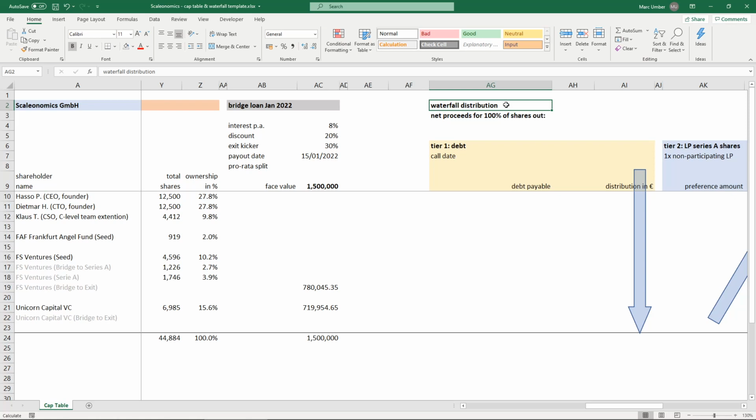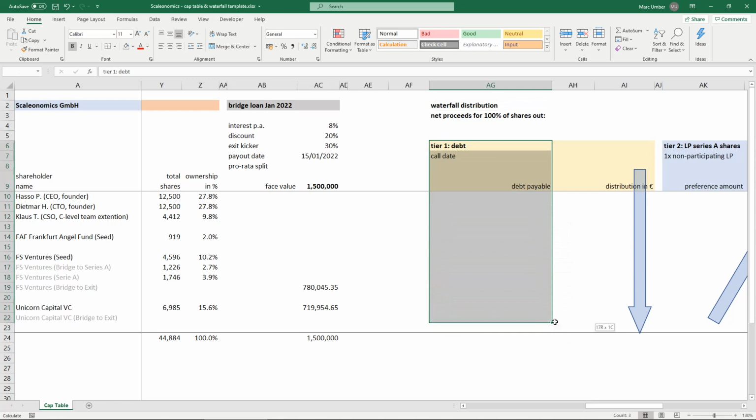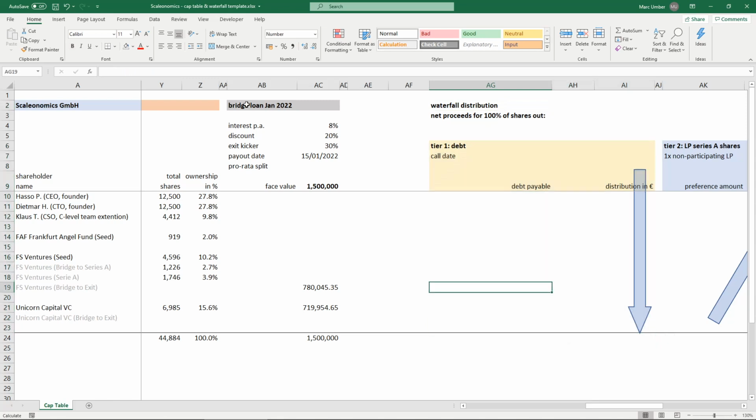Now, by law, typically the first tier of any waterfall distribution will be the debt outstanding. Debt comes always before equity, and we know that there's an exit kicker that was agreed on when they provided the bridge to exit. To calculate the total amount outstanding on this loan, including interest and exit, we need to make an assumption on the call date.